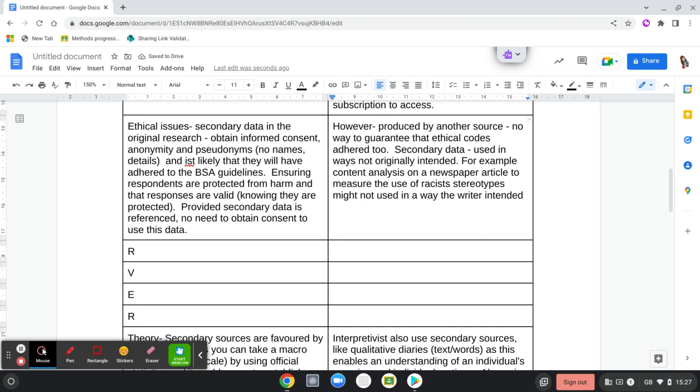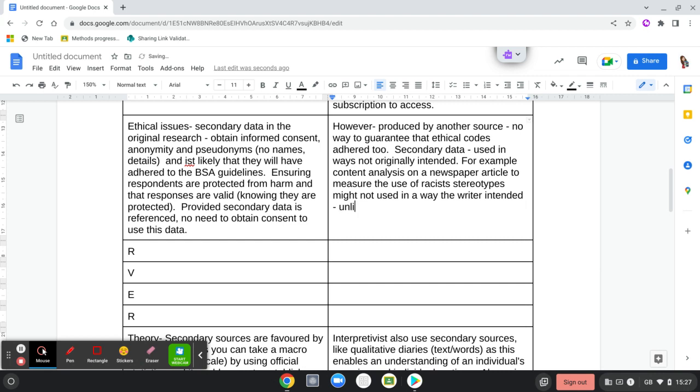So basically, I'll try and explain it. You might do a content analysis and count the number of racist language or stereotypes used in an article about a Muslim male. You might count the number of times it uses the word terrorism. But that might not be the way that the original writer of that article intended it.